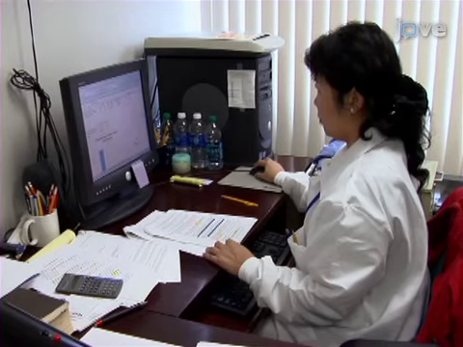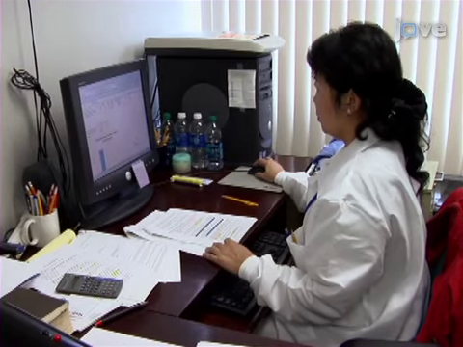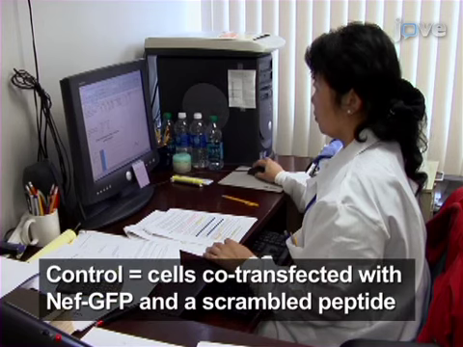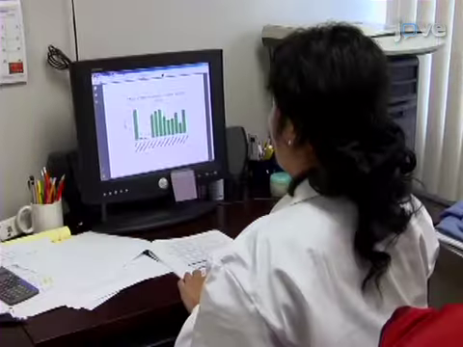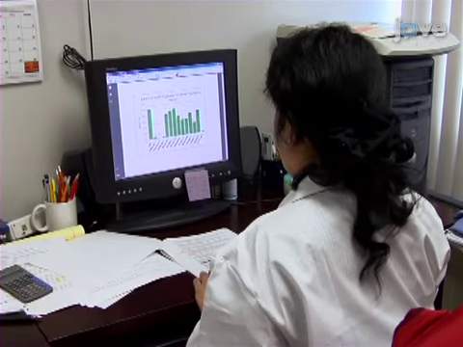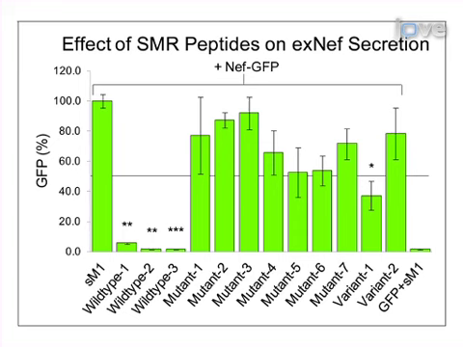After the reading is complete, transfer the data to a PC. Set the level of GFP fluorescence in the control medium at 100%. Then, compare this to the level of GFP fluorescence in the medium from cells co-transfected with various SMR peptides to determine changes in Nef-GFP secretion.